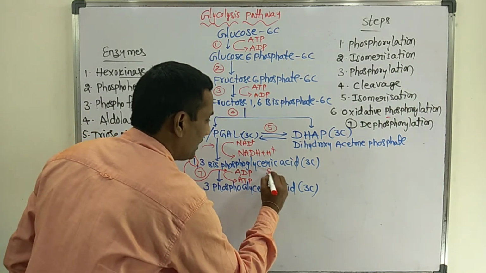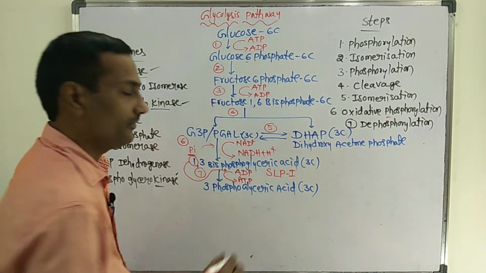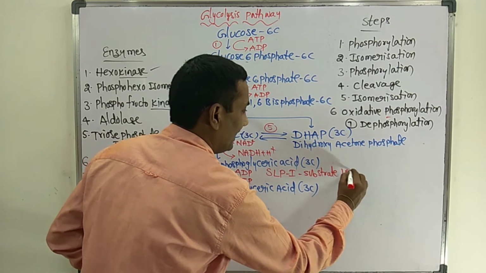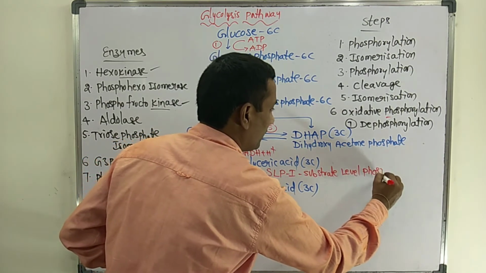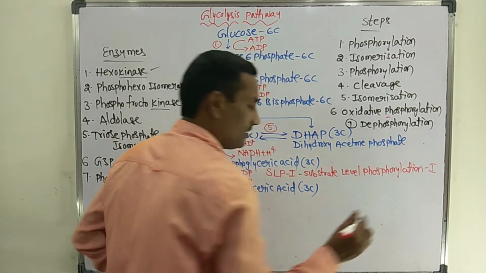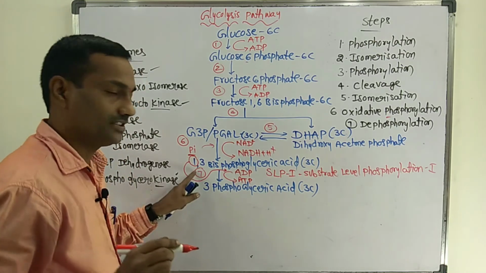This step is also called SLP1. Full form of SLP, substrate level phosphorylation. That is SLP1, which occurs at the 7th step.